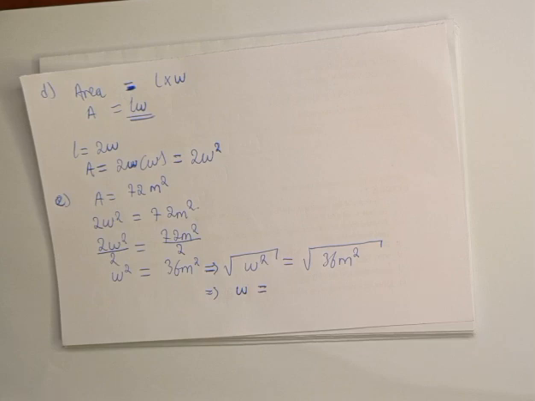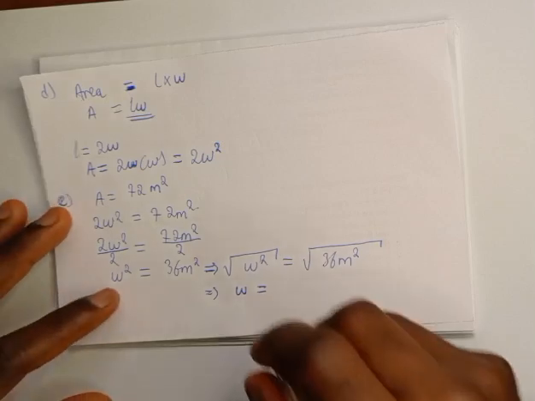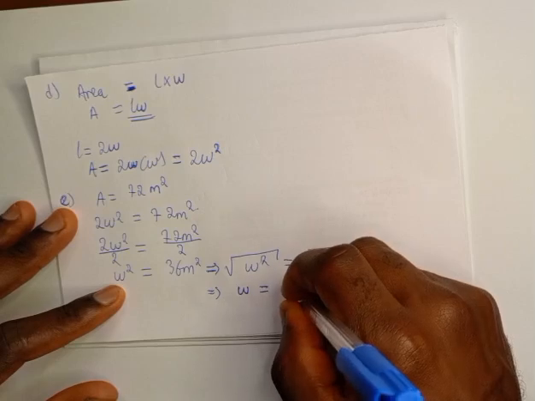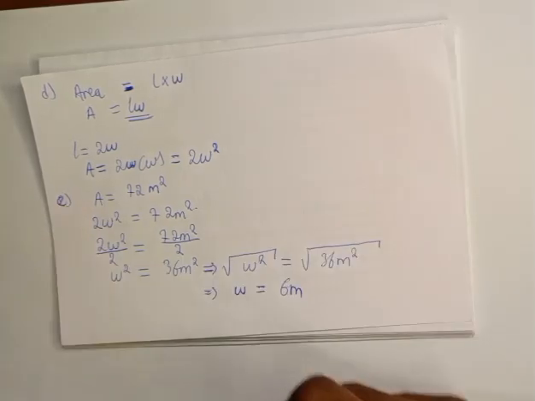In this case, we are calculating the width, which is distance. And we know distance can never be negative. So in this case, we are going to take only the positive square root. And this will give us W to be equal to 6 meters.